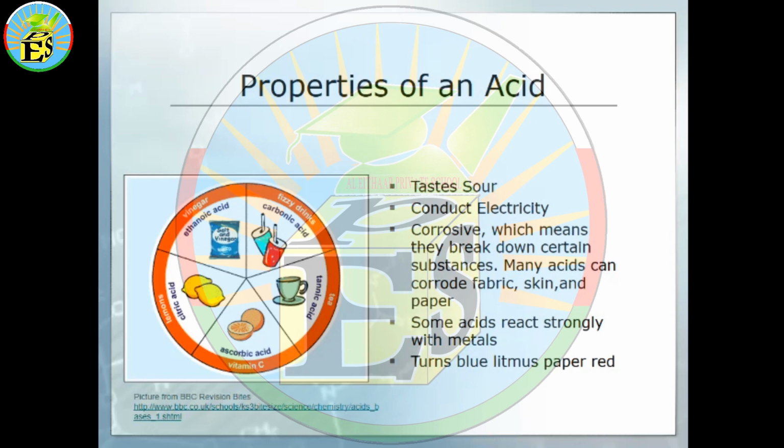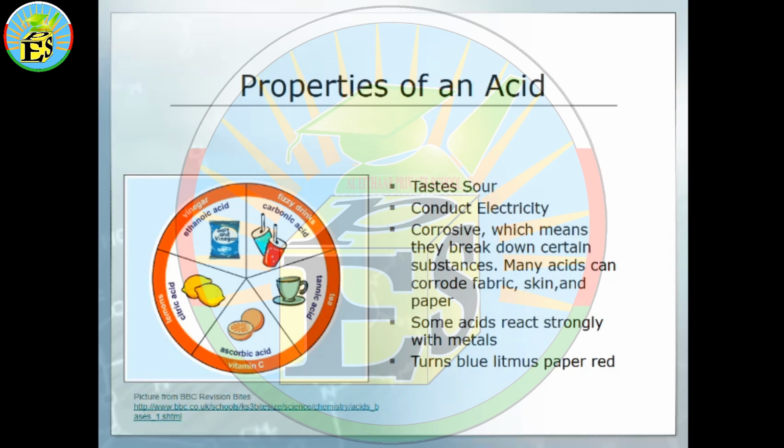How can we identify an acid, or check that this thing is an acid? First of all, as I told you before, anything that tastes sour would be an acid. The next thing is that acids can conduct electricity, and acids are really corrosive and can burn anything within a second.